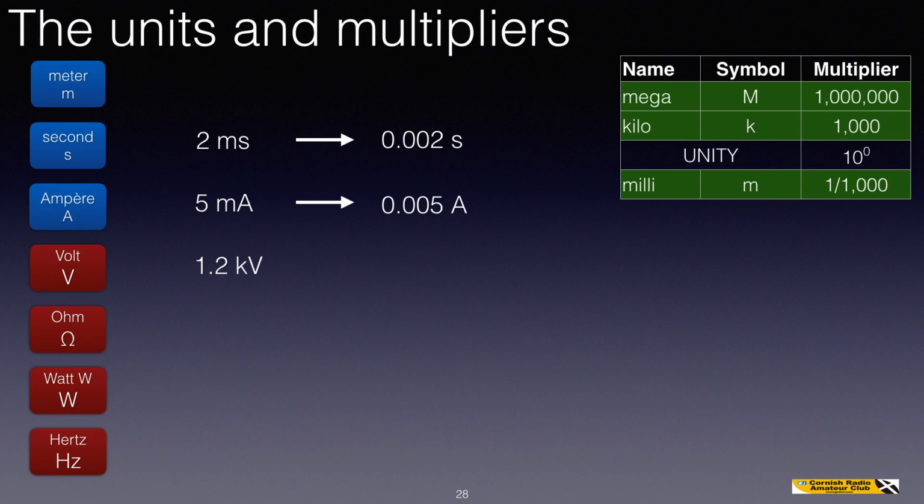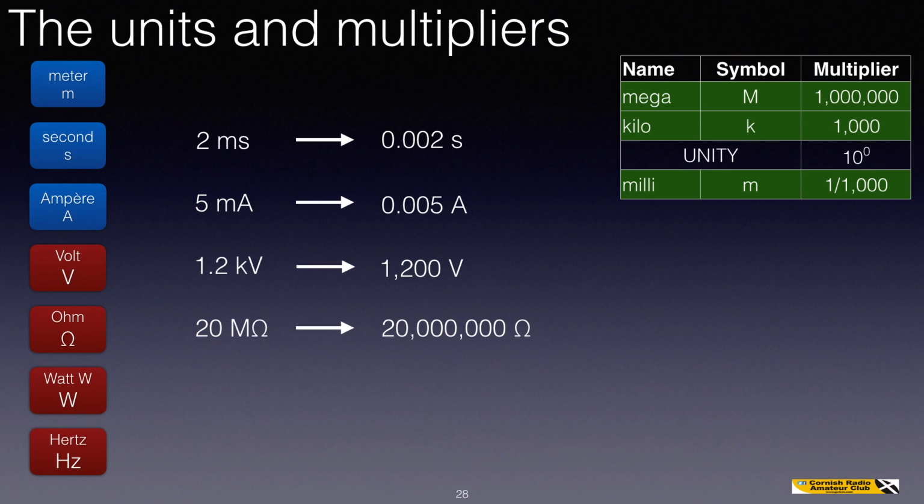So 1.2 kilovolt, small k, capital V, because it's after Mr. Volta. So 1.2 kilovolt. In volts, I hop 3 places to the right, so it becomes 1,200 volts. 20 mega ohms becomes 20 million ohms, because this time I have to hop 6 places to the right.